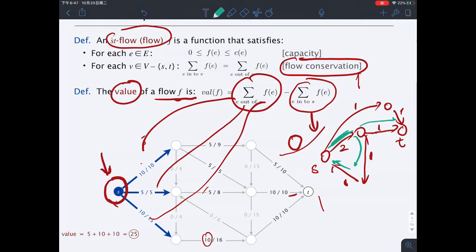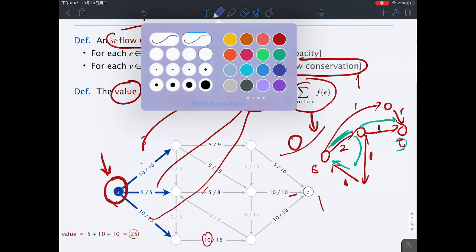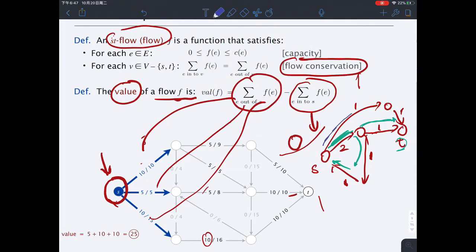When I push these 2 units of flow out, 1 unit gets circulated back, and the other unit continues to be pushed towards T. So eventually only 1 unit of flow arrives at T. And we also push flow along another path, a more obvious one: 1 unit of flow moving along the path highlighted by the purple curve.